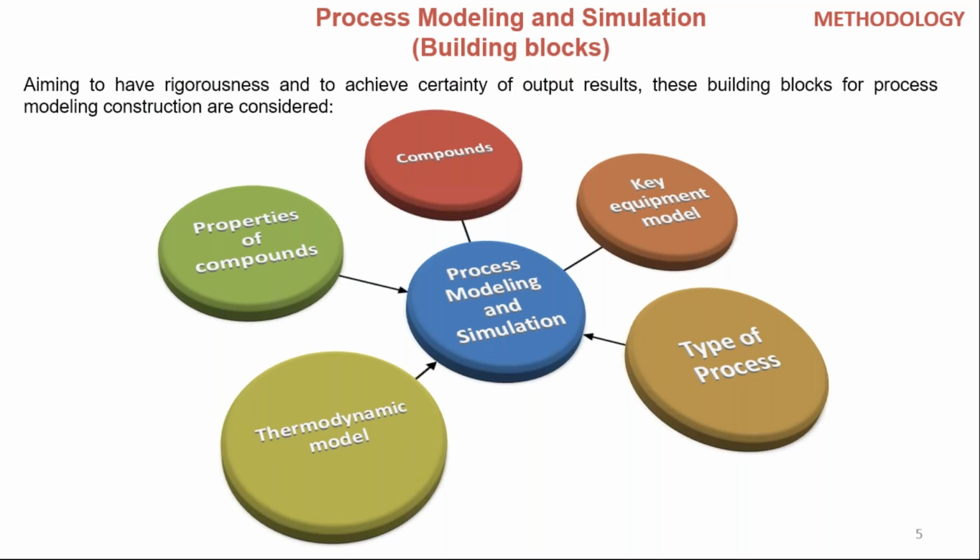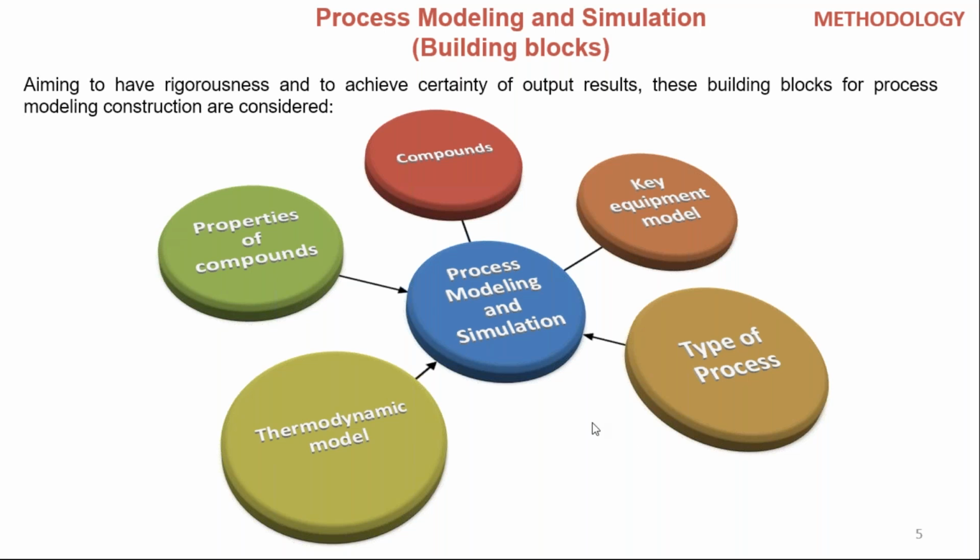So basically, I would say that we have 5 key building blocks to take into consideration when constructing a process model, and these are, of course, the compounds involved in our process, the compound properties, and normally the most important are the temperature dependent properties, but also the basic ones in terms of molecular weight and so on.